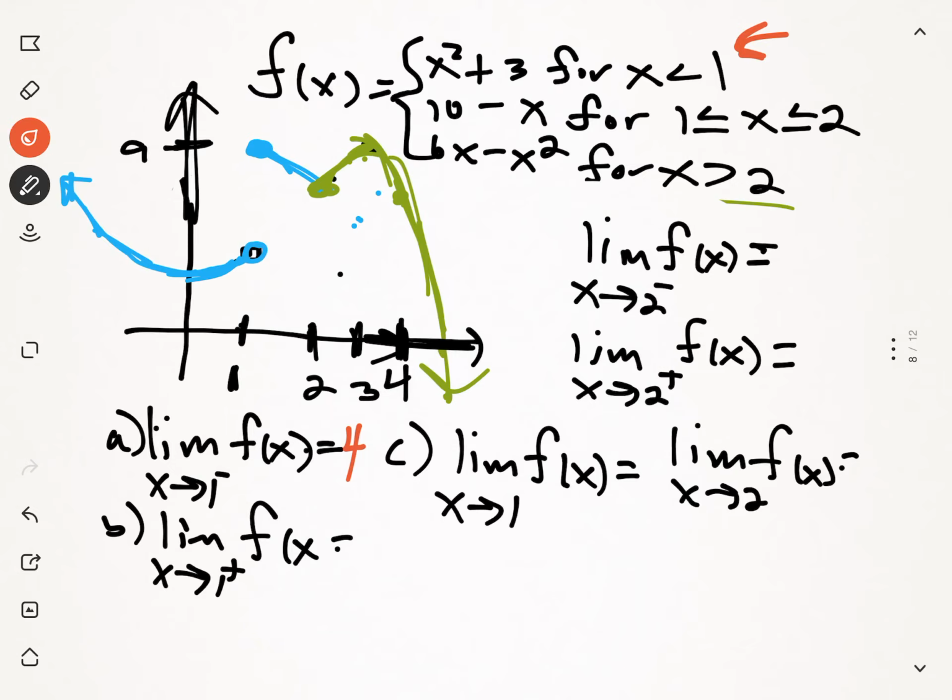So 1 from the right. So from the left means to go this way. So from the right means to go this way. So we see what we have here. When x is 1, we get a 9. Notice that they're different. So for this one from the left and the right, it does not exist. Let's look at 2 from the left.